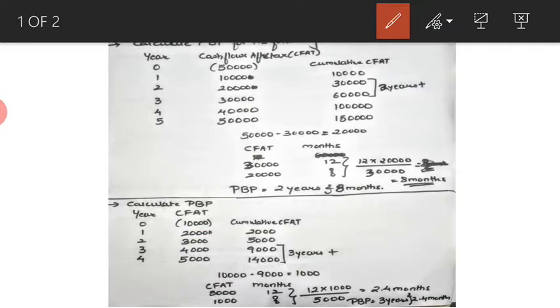So how do we calculate cumulative cash flows again? First year 2,000; 2,000 plus 3,000 is 5,000; 5,000 plus 4,000 is 9,000; 9,000 plus 5,000 is 14,000. This is how we calculate the cumulative cash flows. Now, do we get this 10,000 directly in the cumulative cash flows? No, it is not available.